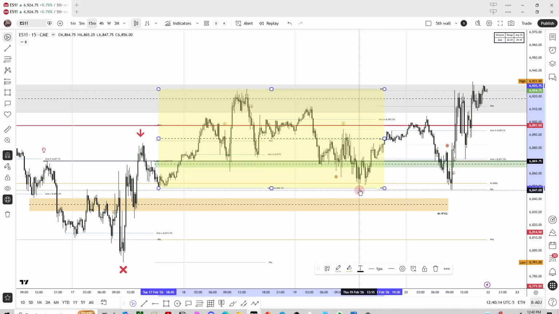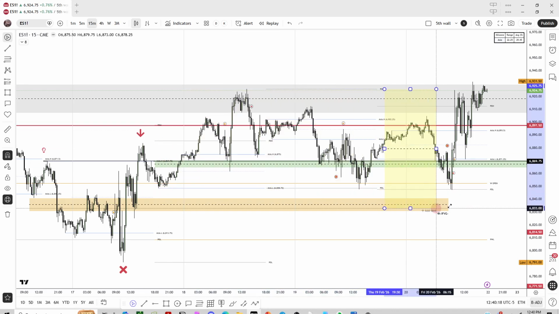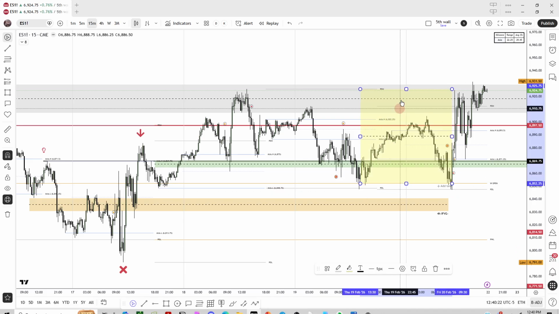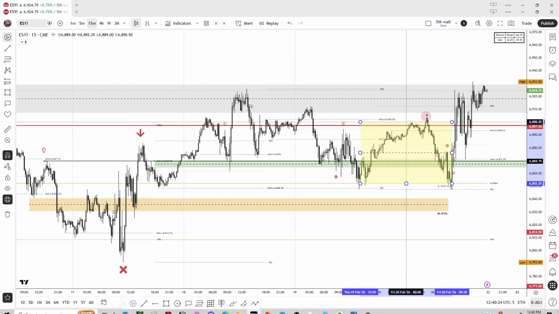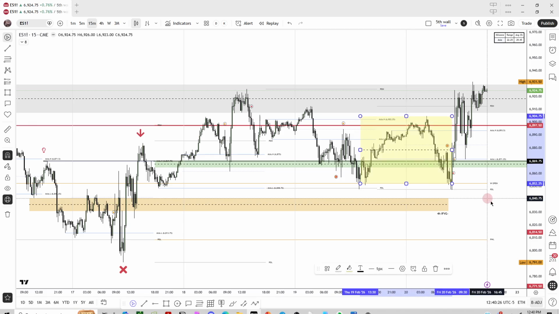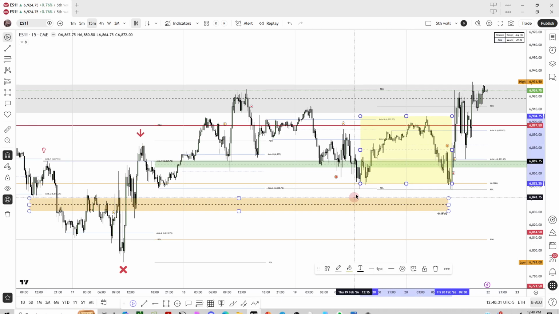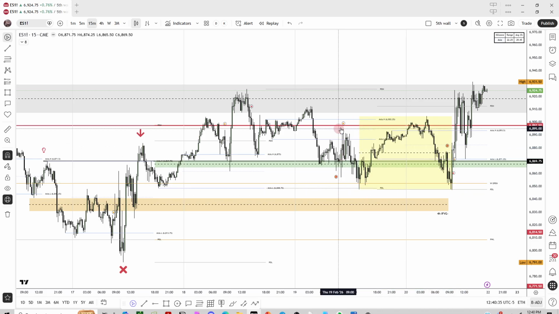Right? Sell side. And then we have a little tiny one here again. Above here into this imbalance, drops down.